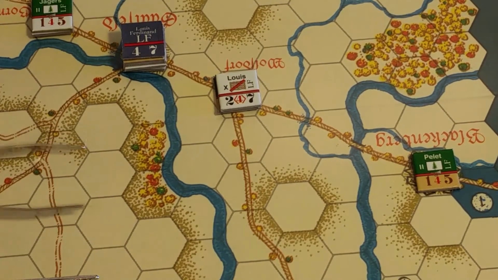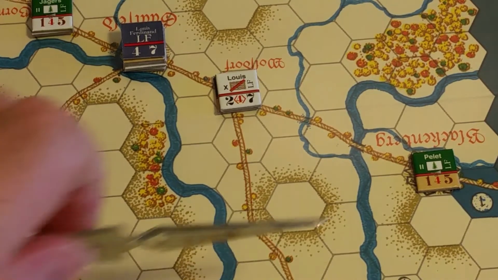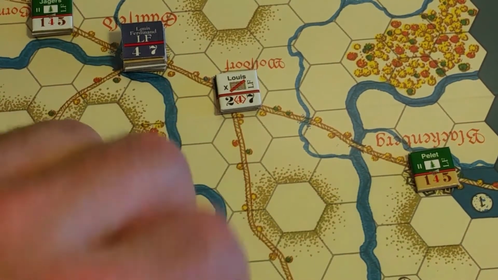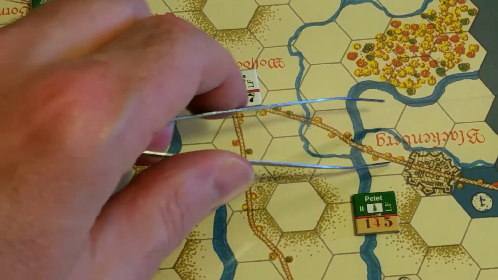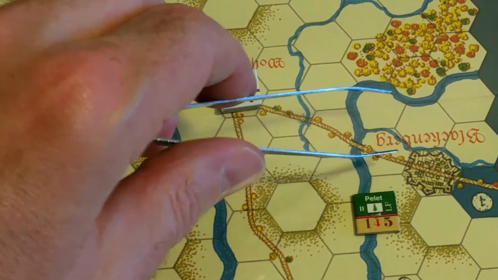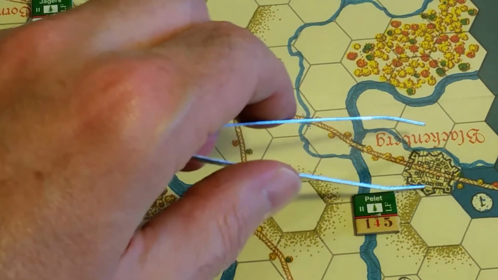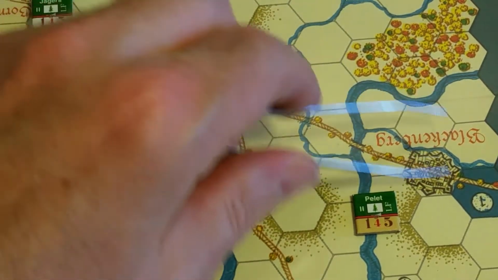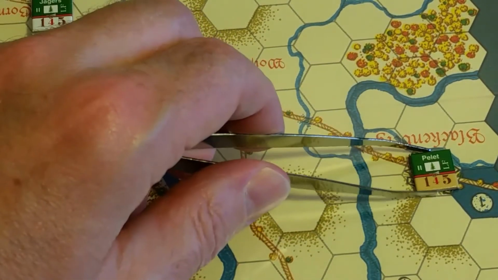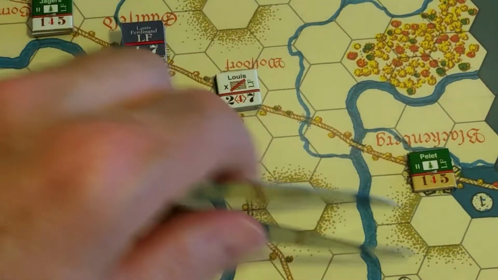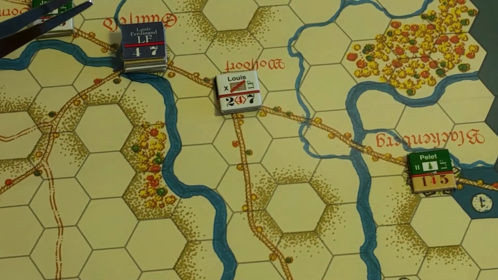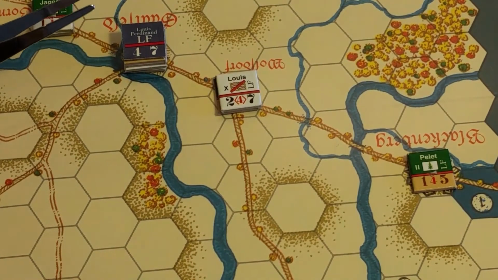And then on the Prussian far right, we have the light infantry battalion here in the fortified town, which clearly has the walled fortification symbol encircling the town. Now I'm going to leave him there to block this area, well, at least for now.